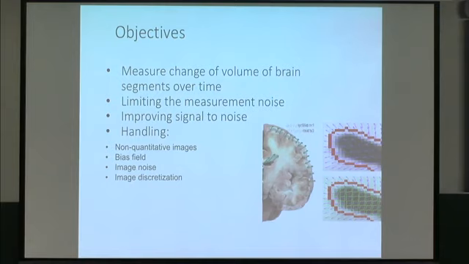But in practice, the images have non-quantitative intensities. They vary from time to time depending on the scanner, how much liquid is in the patient on the day, etc. So there's the bias field showing up, there's image noise, and there's image discretization, and we have to factor in all these things in order to be able to measure in practice.